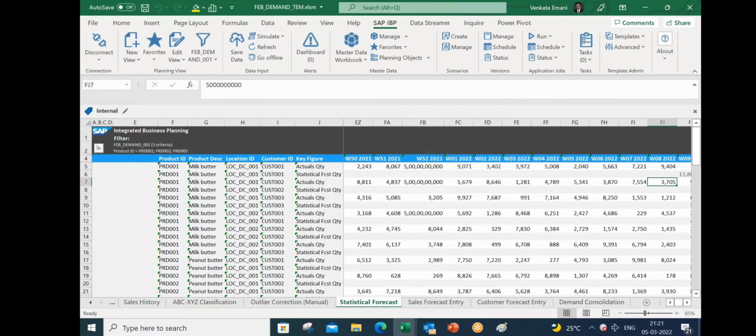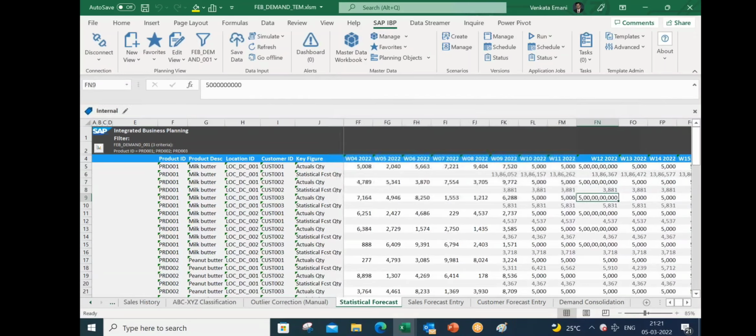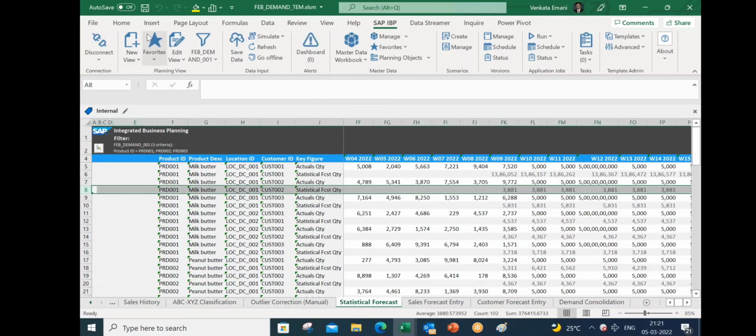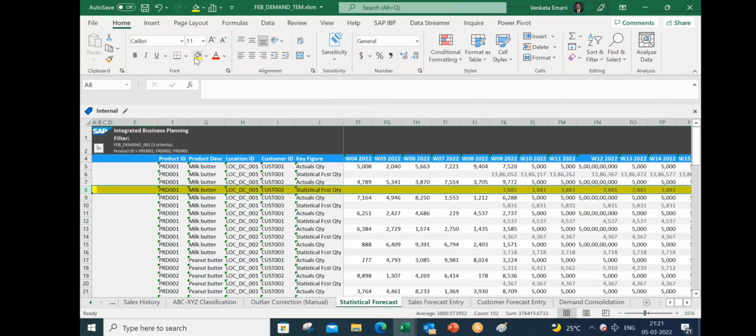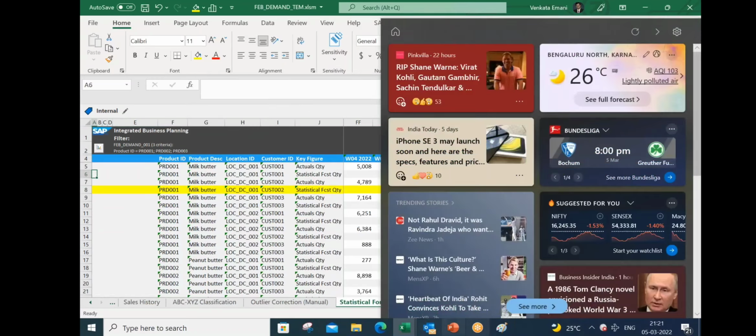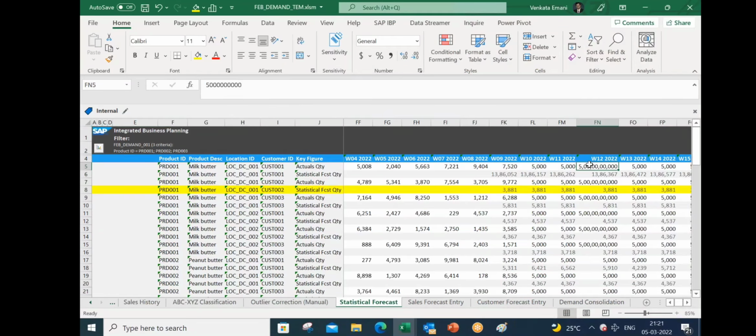See, for this combination, it did not read; it calculated the statistical forecast correctly. Here it's fine actually. So I think we inputted here also wrongly. It read something and started generating a huge forecast. But for other buckets, it is all good.